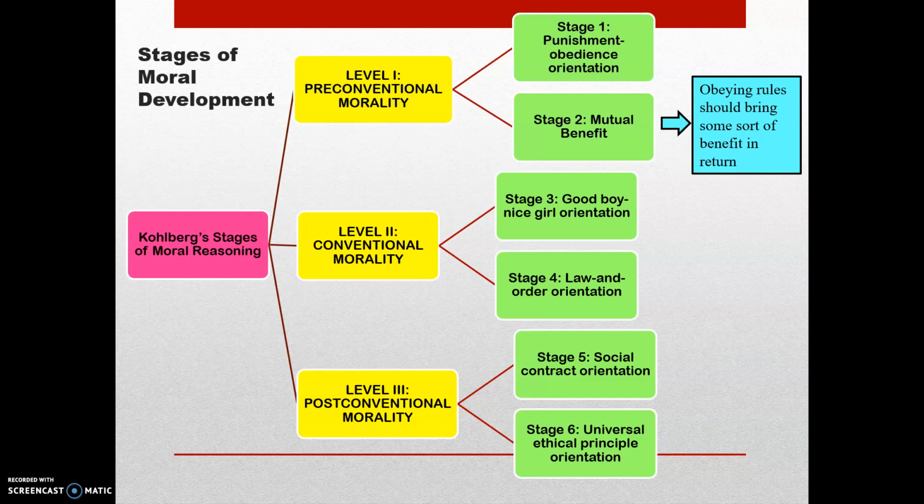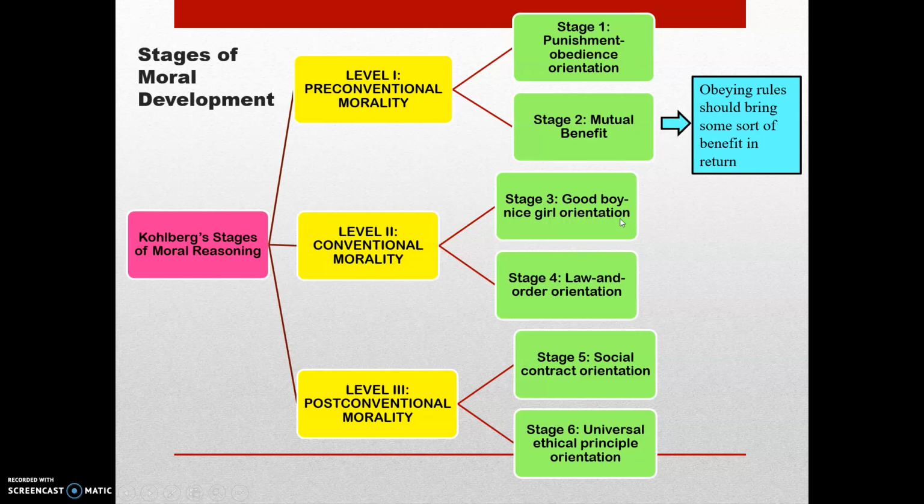So again, for stage 2, mutual benefit, the child will obey the rule because he or she will receive a reward from it.